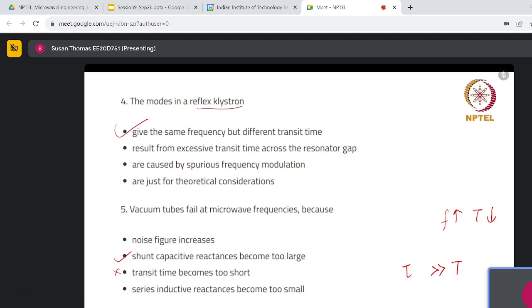And also the last option, it is not small; definitely the lead inductance is going to increase with the increase in frequency. So the right option for this question is option B. Hope this is clear.